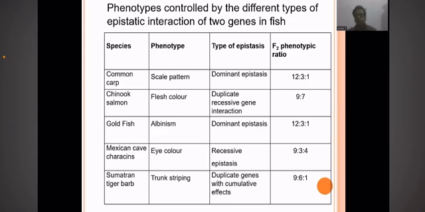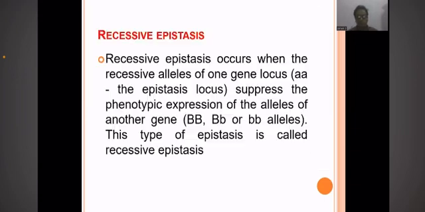And in recessive epistasis, the Mexican cave characins, the eye color trait could result in 9 is to 3 is to 4. We have many examples. We could discuss the coat color in mice, and many such examples in subsequent videos too.